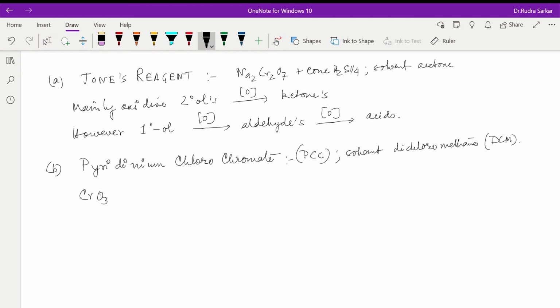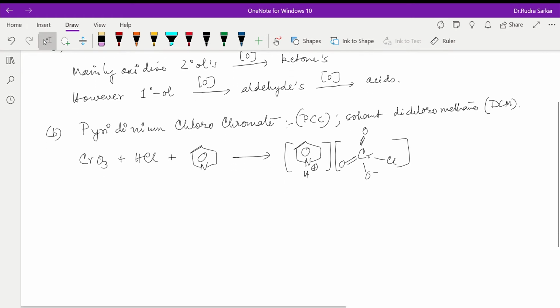CrO3, which is the anhydride of chromic acid, is treated with HCl with pyridine, and that results in the formation of pyridinium chlorochromate.